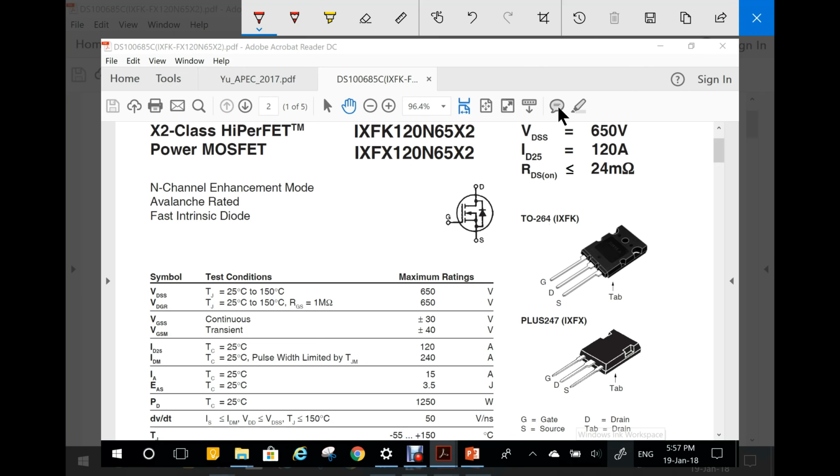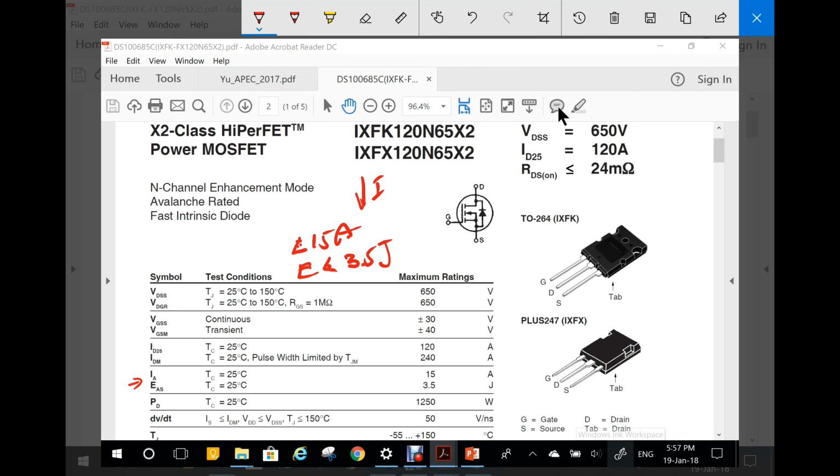And what this parameter says is that as long as the current is less than 15 amp, and the energy less than 3.5 joule, then this will be okay. Okay?